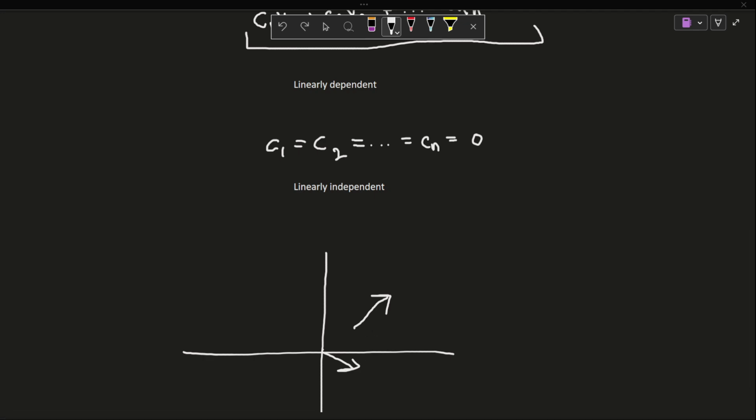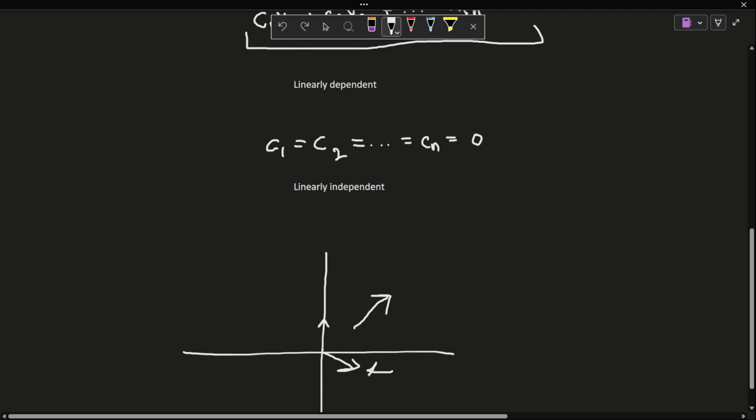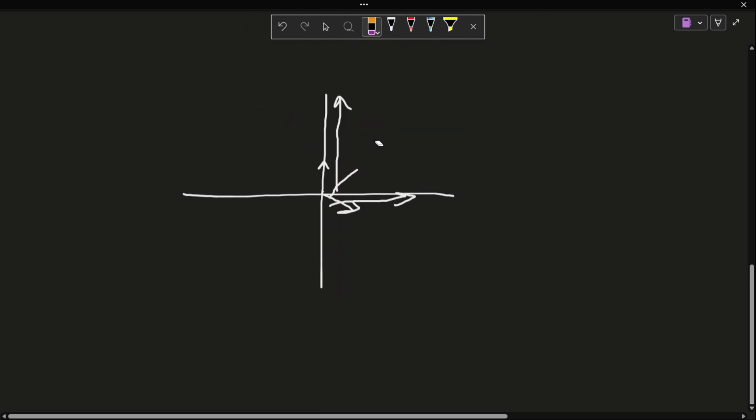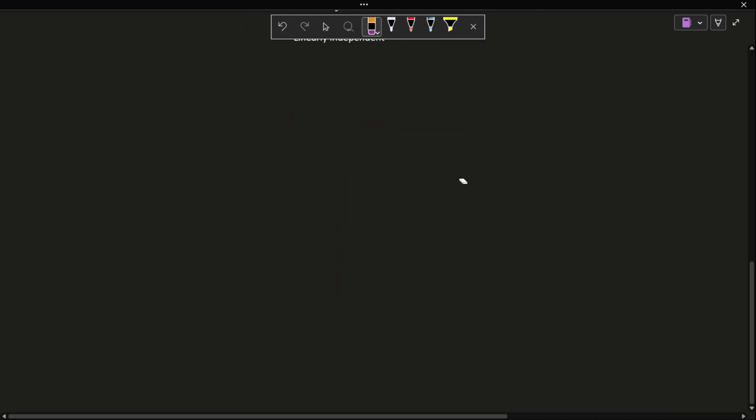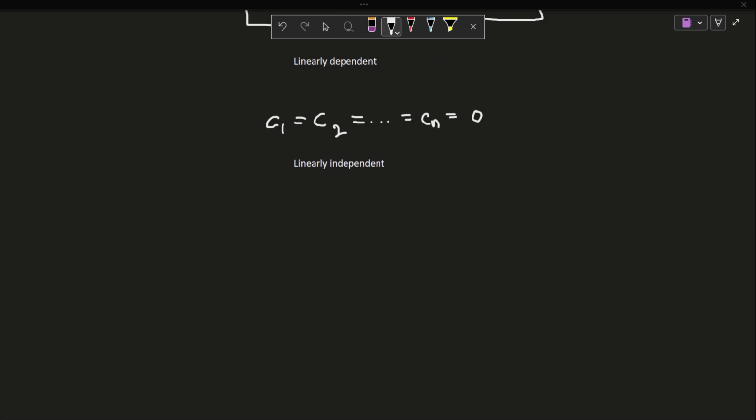But if we were to add another vector like this, clearly there is some combination, because this goes horizontally, so maybe we could double this horizontally, and then add a lot of this, and we would get to this vector here. So that's how you would think about it graphically.